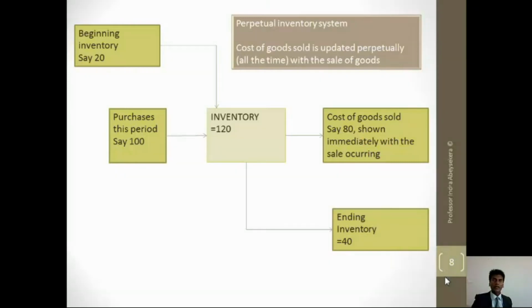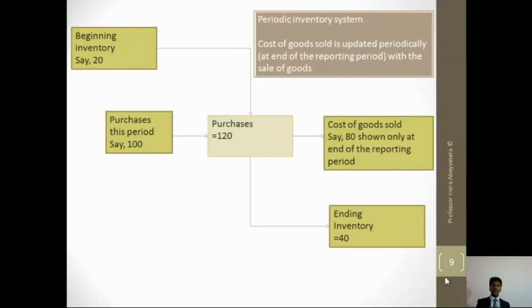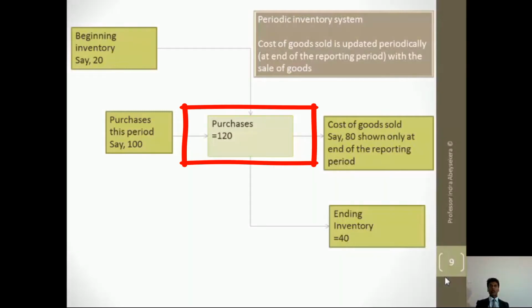Let's compare that with the periodic system. Any goods that's purchased for sale are recorded not in the inventory account, in a separate account called purchases.